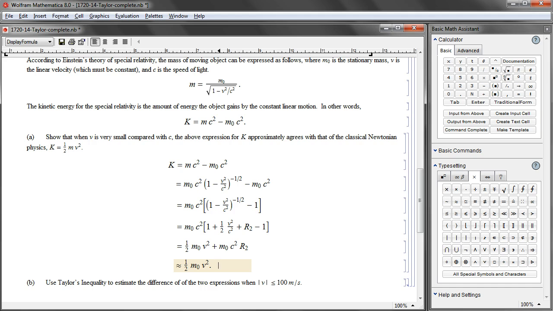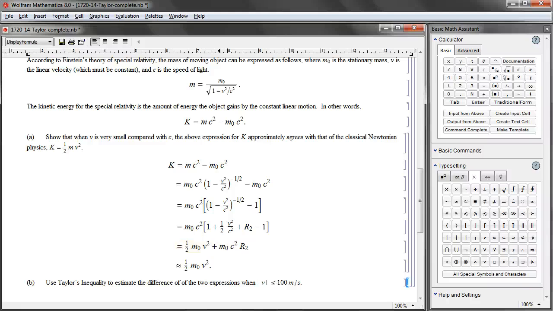Now let's use Taylor's inequality to estimate the difference. If the moving object is moving really fast, then obviously the Newtonian mechanics fails, which means the remainder is going to be very, very large. So we cannot use this approximation. For relatively small velocity, it'll work out okay.